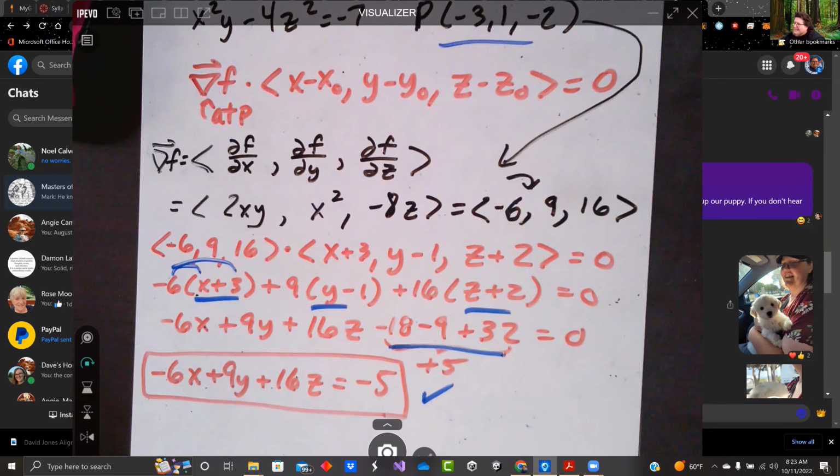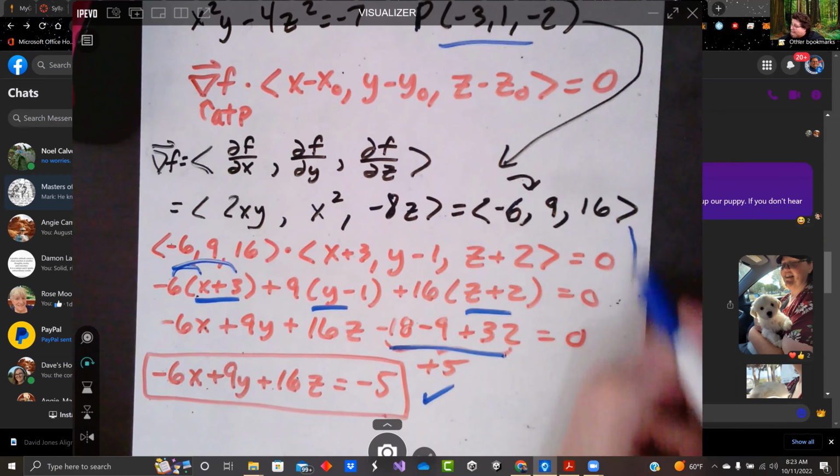Right? All right, so we wanted the tangent or the parametric equations. So the normal line is this: -6, 9, and 16. This is the normal line.